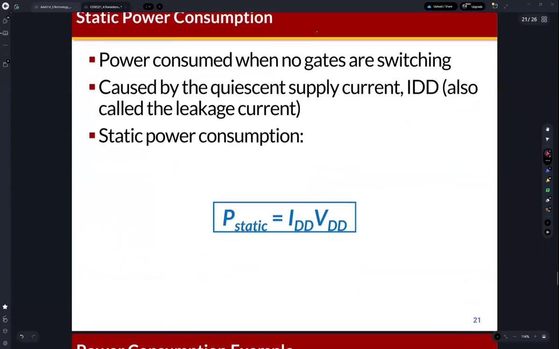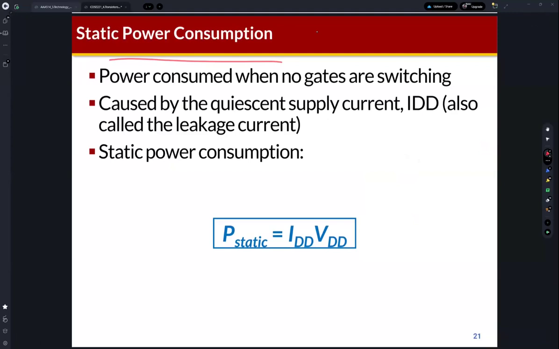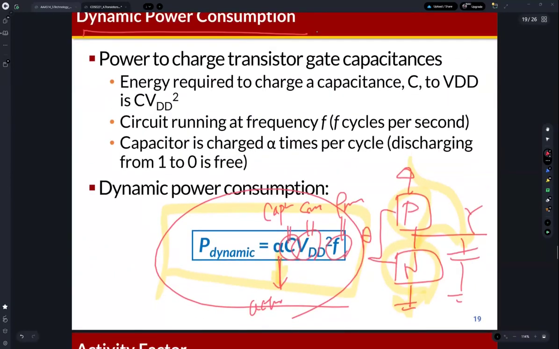Static: even though the circuit does not work, meaning the circuit values are not changed, power can be consumed. It is because in this network, in a very short time, the P can be turned on and the N can be turned on. In this case, VDD is connected to the ground for a very short time.